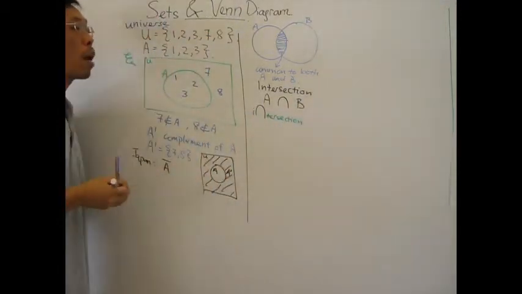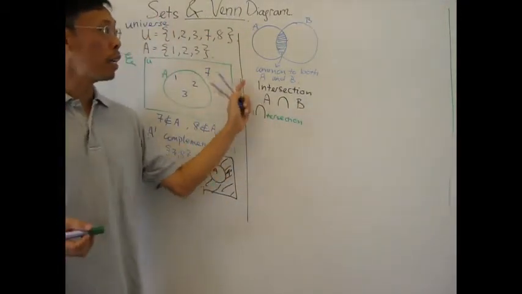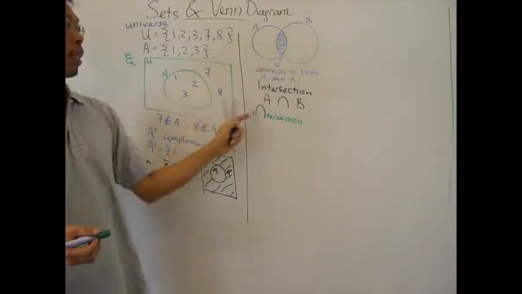So this means things that are common to both A and B. So this is the intersection.